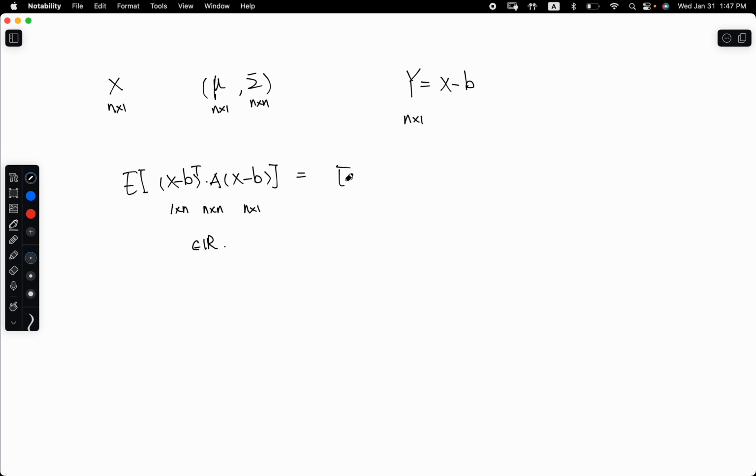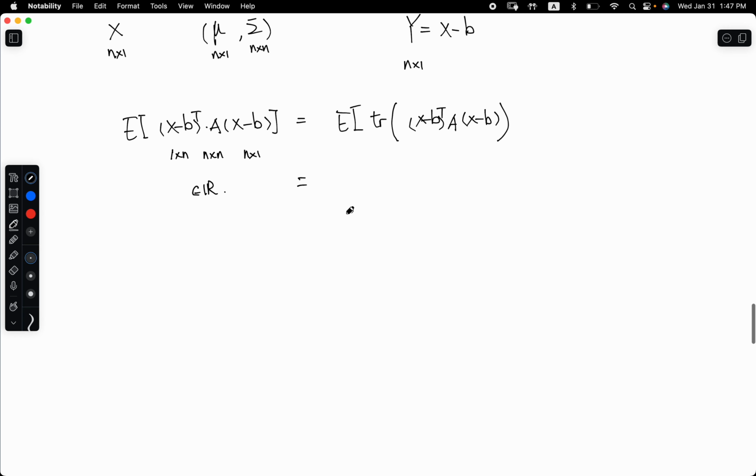That means we are able to use the trick for trace. So x minus b transpose a x minus b. Then we can apply the cyclic rule here.